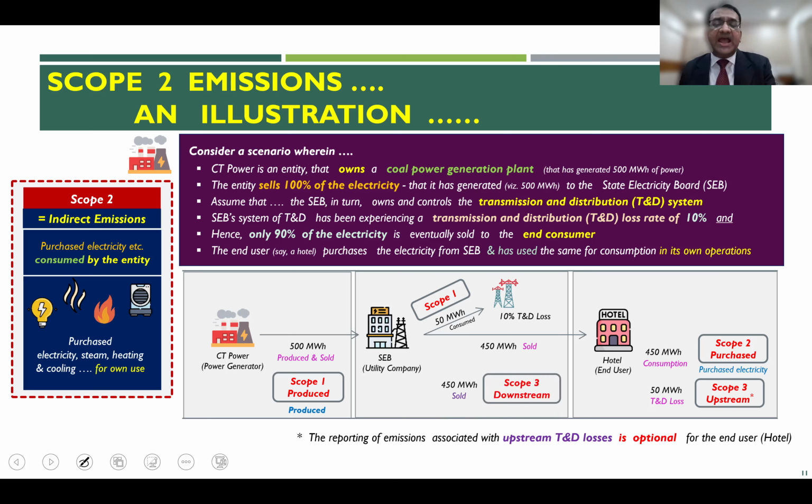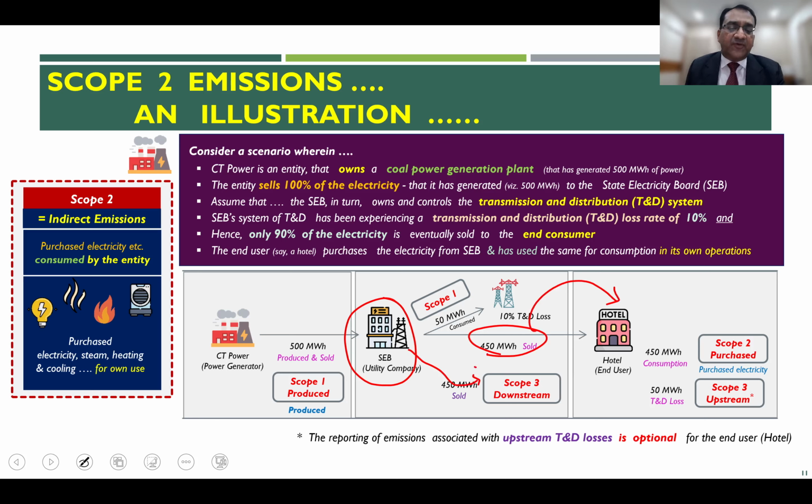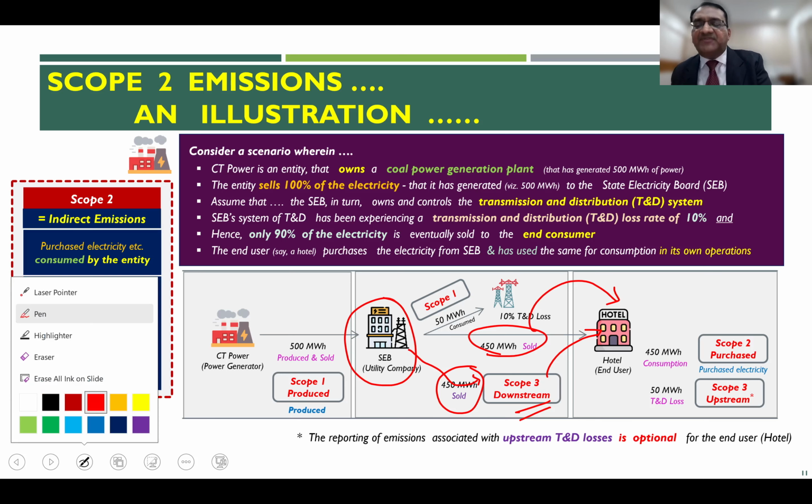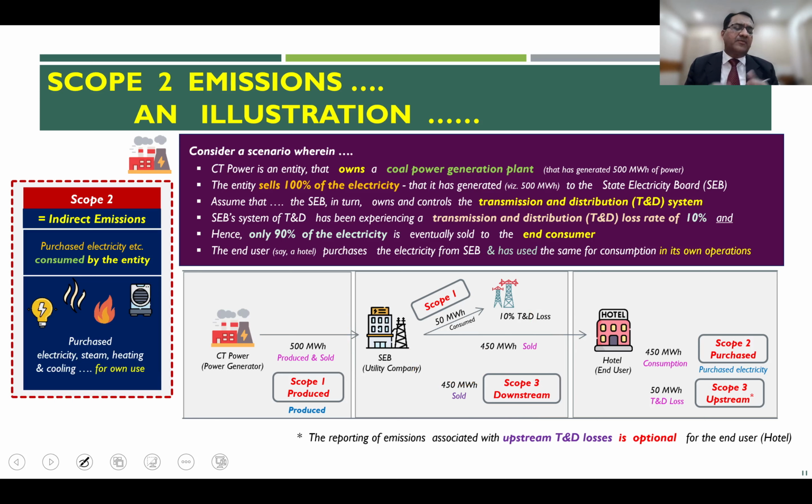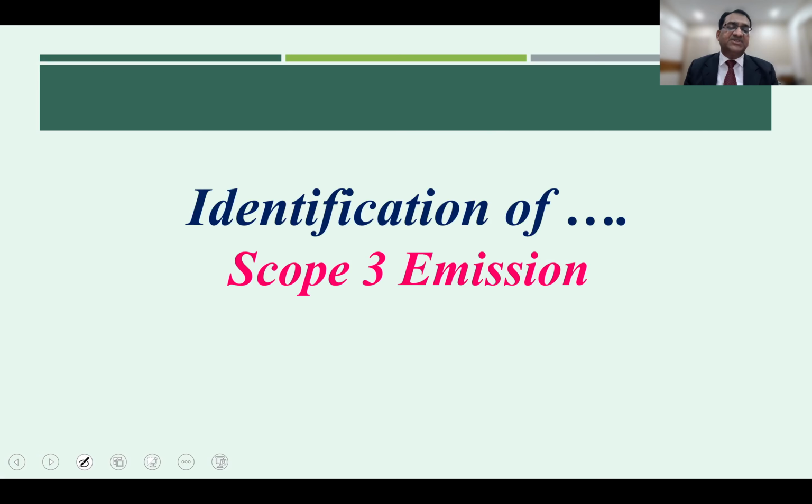Whereas from the perspective of the state electricity board, the 450 megawatt power which has been sold, the associated emission basically falls in scope 3 downstream, because the downstream entity is your hotel. So that's how each entity will be looking at the carbon footprint in its own right.